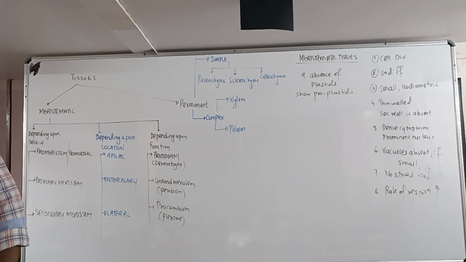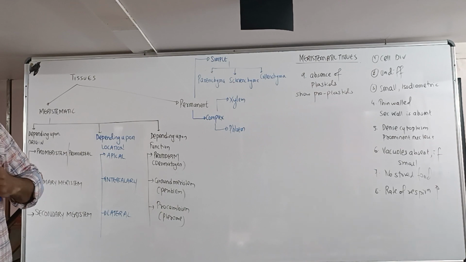So they show the presence of proplastids. Proplastids are precursors to the plastids. You know precursor? Atta is a precursor to roti. So this proplastid is going to change into what? Plastid. Meaning chloroplast is not there, but it is the precursor of chloroplast.